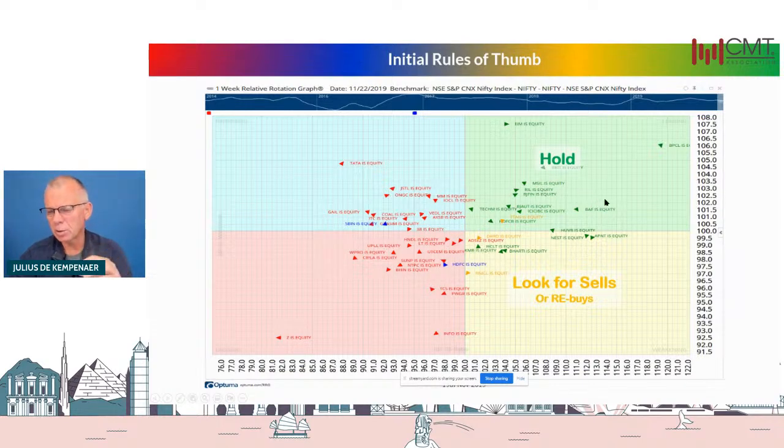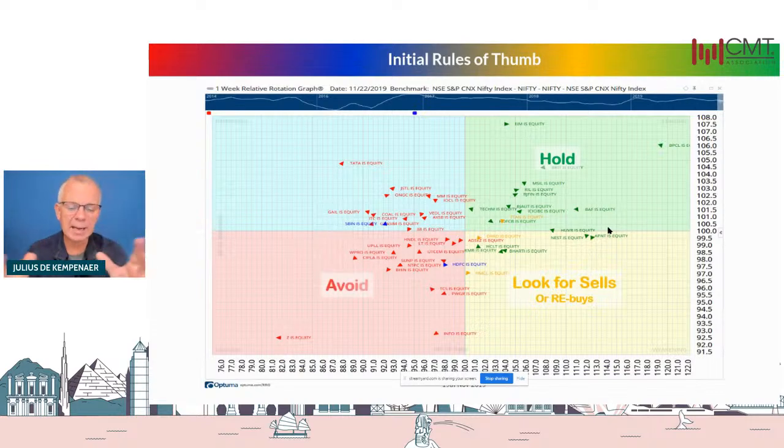If you then go from leading into weakening and back up into leading without hitting lagging, what actually happens is that sector or that stock is entering a new up leg in an already existing uptrend, which obviously is a lot more reliable than a switch from a downtrend to an uptrend. That's why rebuys, so something that is inside weakening but curling back up and going straight back up into leading, is usually a very strong signal.